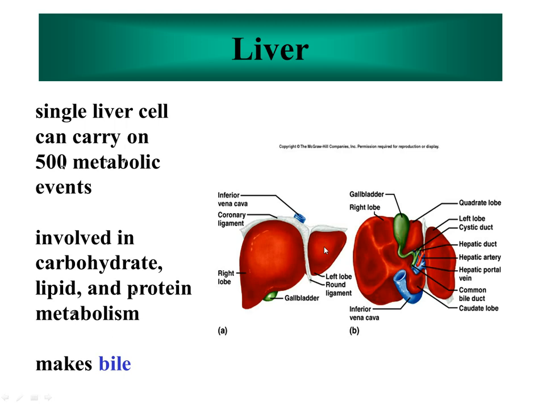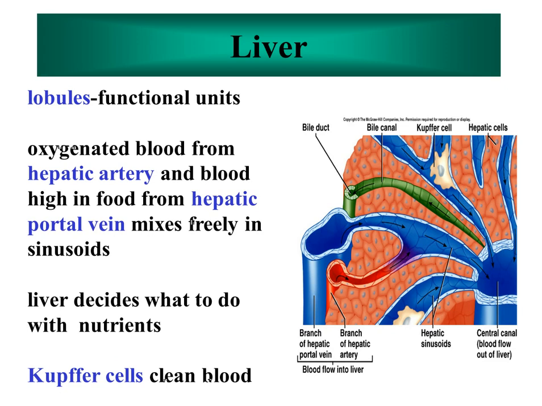You have this smaller left lobe with the round ligament here, and then the very large right lobe, and then the lobes are divided into smaller lobules. These lobules are the functional units of the liver. You have oxygenated blood from the hepatic artery, and the blood high in food from the hepatic vein mixes freely in the sinusoids, this area.